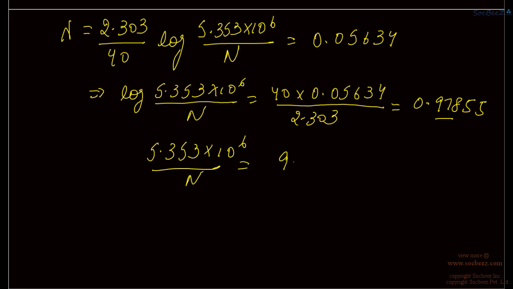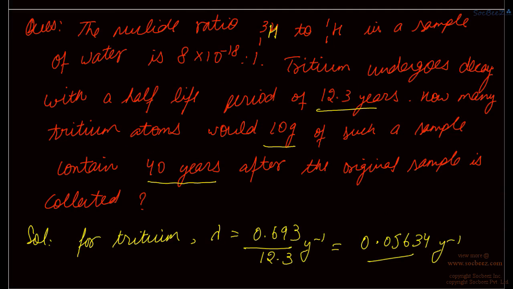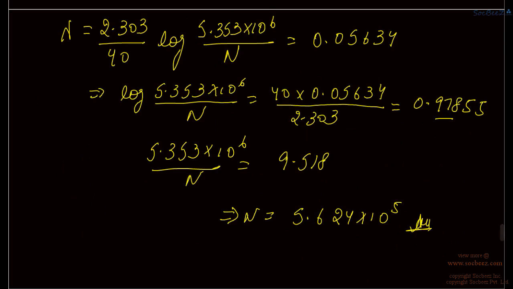This antilog comes out to be 9.518. So from here the value of N is 5.624 into 10 raised to the power 5. This is the required number of tritium atoms after 40 years.